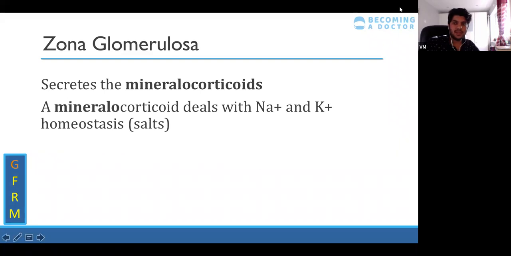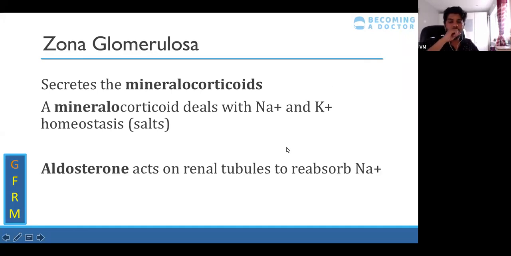And that's really dealing with sodium and potassium and the homeostasis of these two ions. The main hormone you need to know about when it comes to this particular outermost layer of the adrenal gland is aldosterone. And what aldosterone does is it acts on the kidneys. It acts on the distal part of the renal tubules to reabsorb sodium.